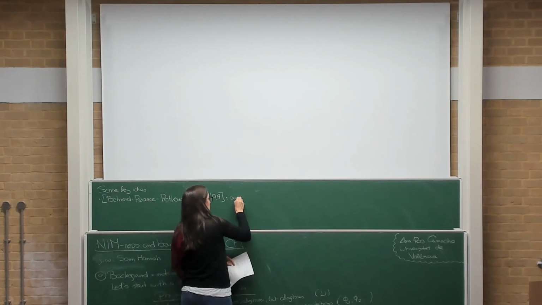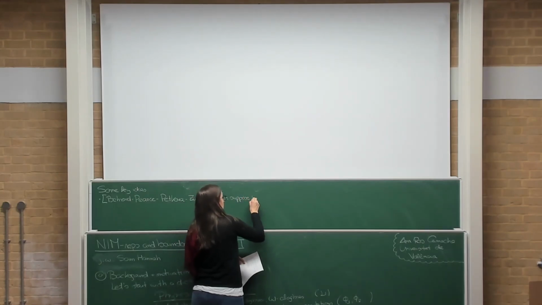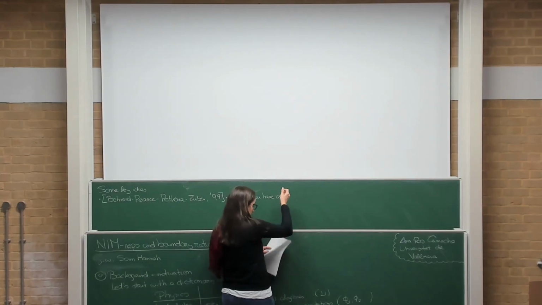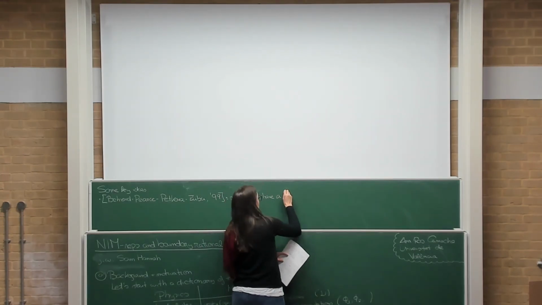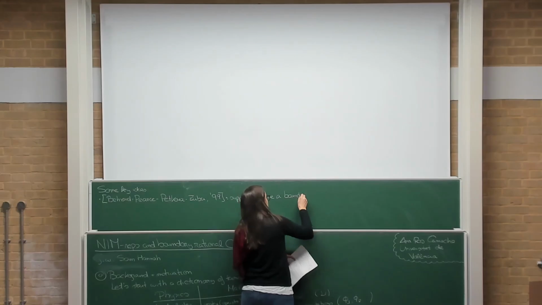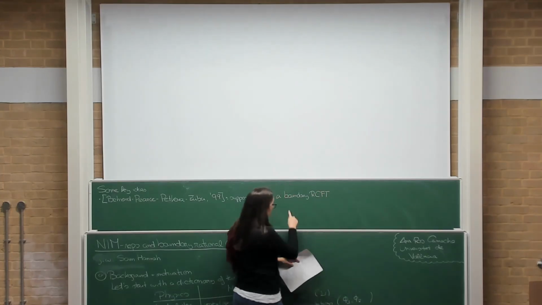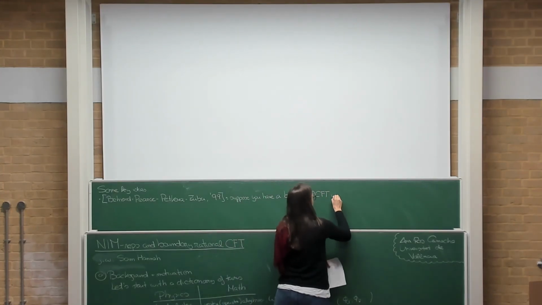Suppose you have a boundary rational conformal field theory, and boundary because you're going to be working in a cylinder.